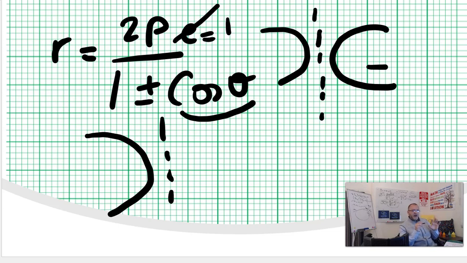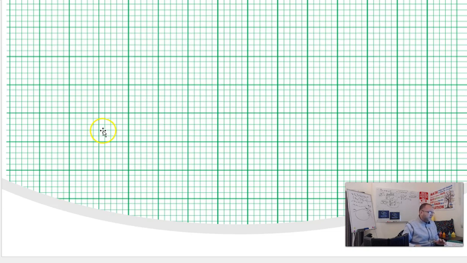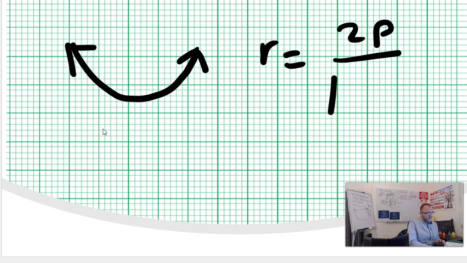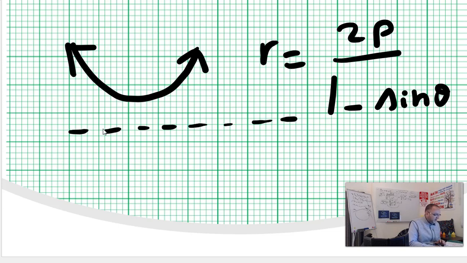We studied the parabola because we're going to use that now with the ellipse, even in the polar form. And then we did the parabola opening like this, upward. And then we said this is r equals 2p over 1 minus sine theta. And in this situation, we're dealing with this directrix here, right?